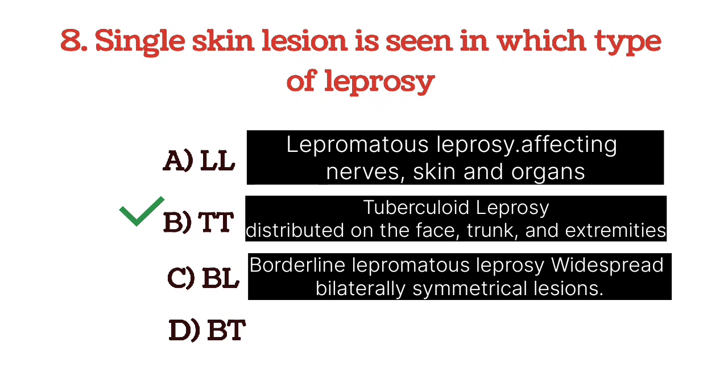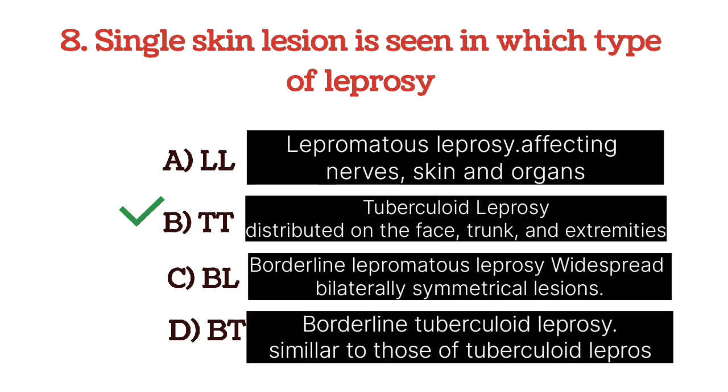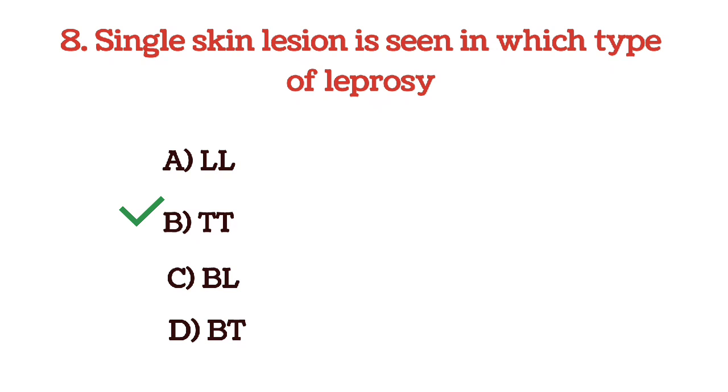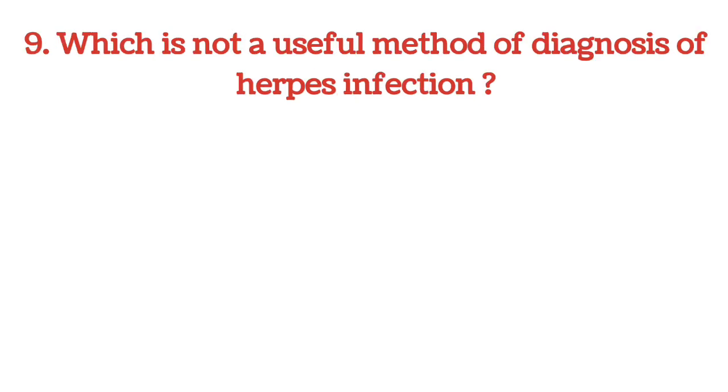It is widespread, bilaterally symmetrical lesions. And BT means borderline tuberculoid leprosy. It is somewhat similar to TT, tuberculoid leprosy. So the single skin lesion is seen in TT, tuberculoid leprosy.